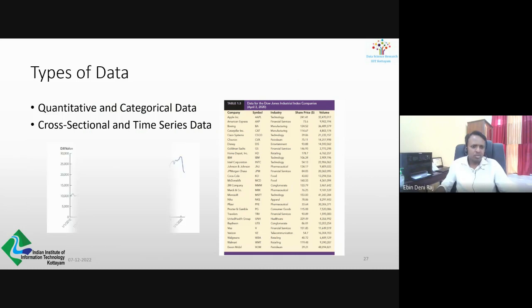So graphs of this sort can kind of project what is happening. If you take a look at this particular graph, the values from I think 2010 January to April show an upward trend, and there was a steep decline, maybe due to the COVID pandemic, right? So like this, you will be able to deal with different kinds of data.